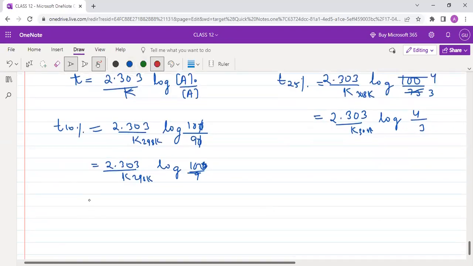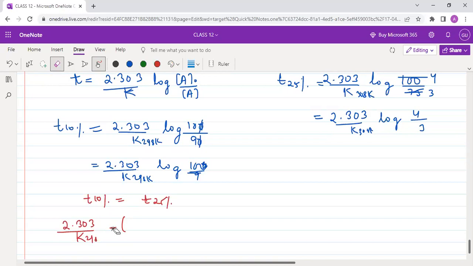On the left hand side, we have t 10% is equal to t 25%. So 2.303 by k at 298 Kelvin, this is the rate constant at 298 Kelvin, multiplied by log 10 by 9, right?